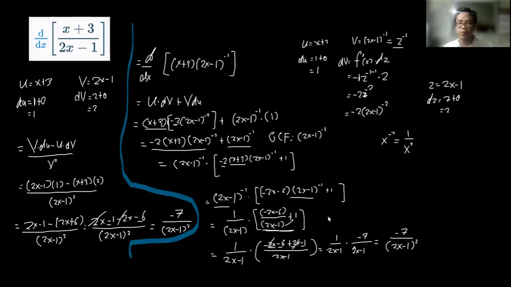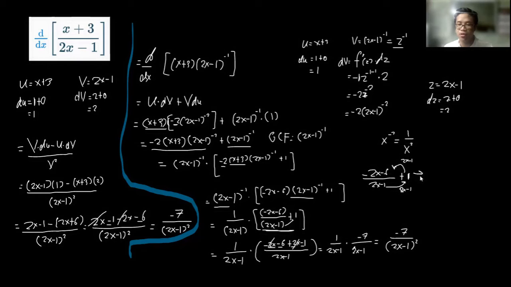Again, if you still don't get what I mean, I have negative 2x minus 6 over 2x minus 1, and then I added it with 1. If you want to make them a whole fraction, you simply multiply and add it here. So 2x minus 1 times 1 is just 2x minus 1. Then add it with 2x minus 1 here.